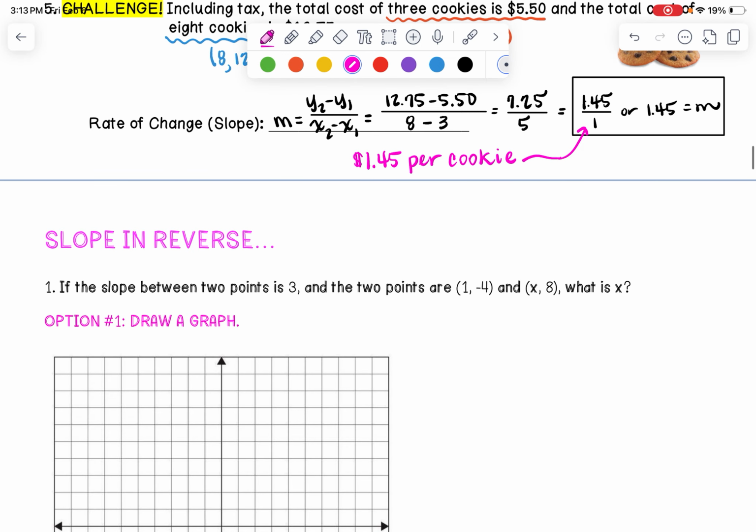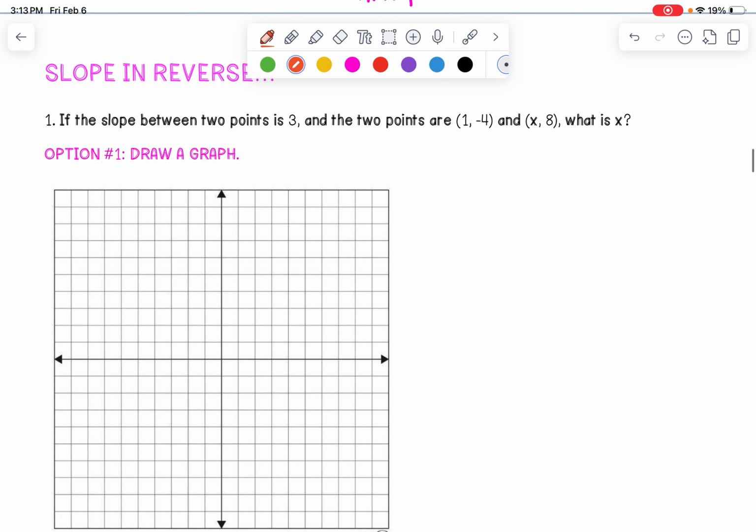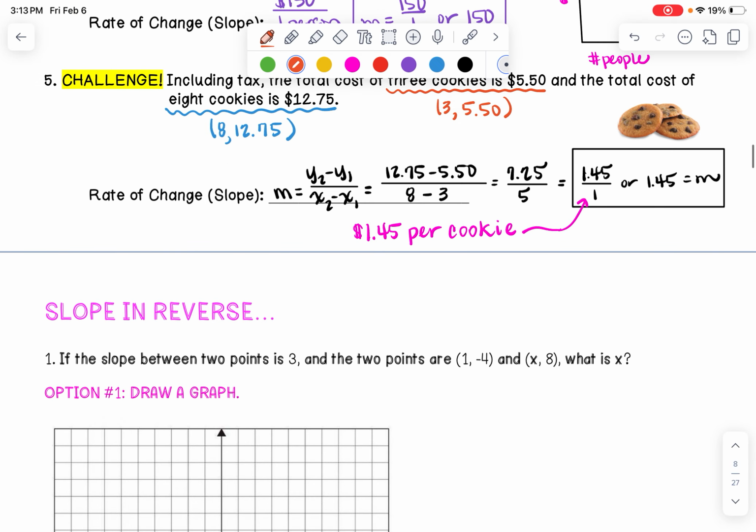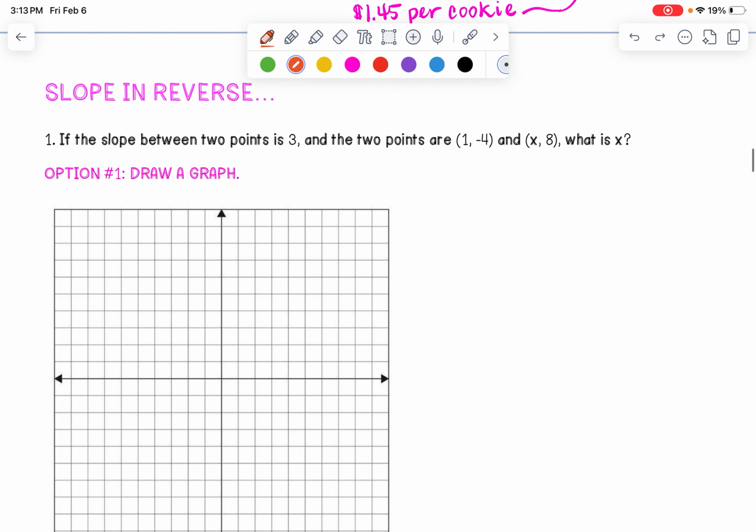All right, if you turn to the very last page, this is doing slope in reverse. And what I mean by that is normally we're given 2 points, like right here on this problem that we just did. Normally we're given 2 points and we're asked to find slope. On this problem though, they're telling us the slope, right? It says right here, the slope between 2 points is 3.